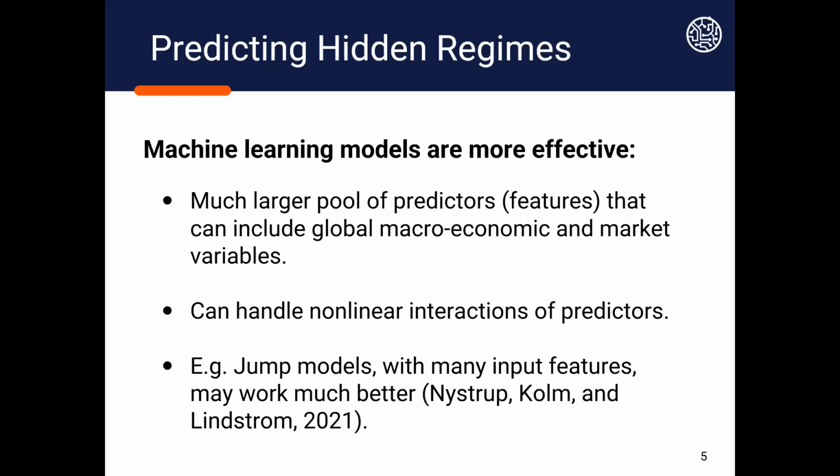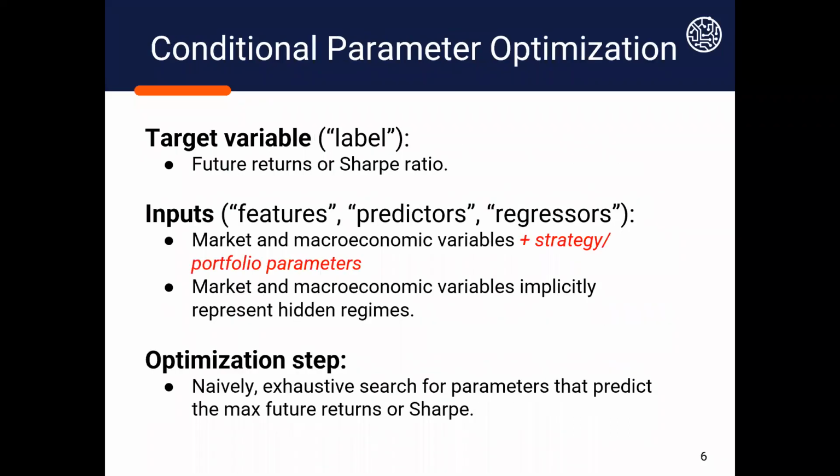And I have cited this paper, a fairly recent paper published last year, where they had some notable successes. Now, what we are doing, however, is not to directly identify the hidden regime. We use the hidden regime as an explanation of why this methodology works. We do not actually need to build a regime prediction model for it to work.